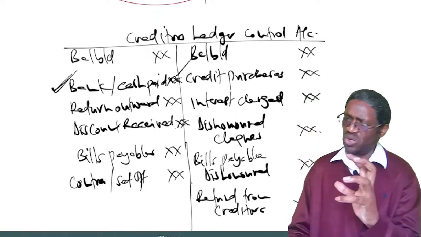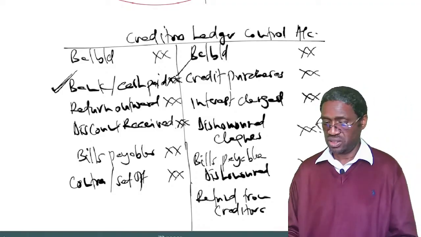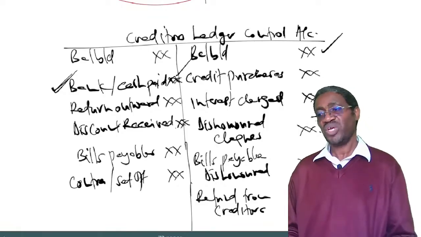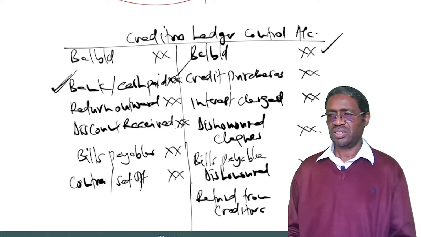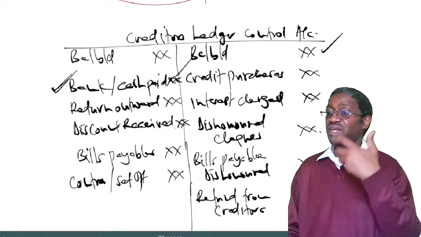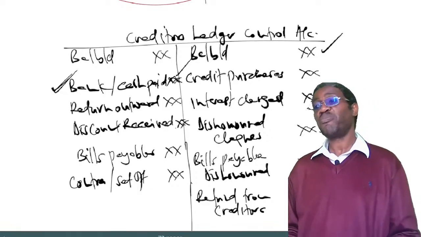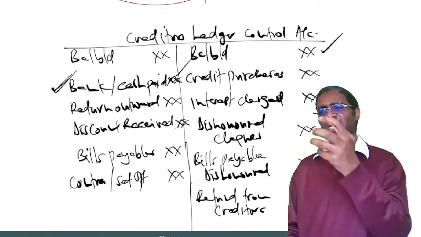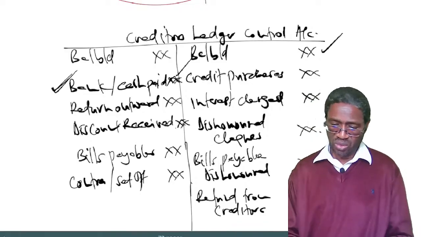The most obvious one is the credit one, because you owe the creditors. But is it possible that you may have a debit balance? Yes, and this occurs when you overpaid your creditors, meaning now you are demanding from them. They are no longer a liability to you, but an asset to you. It's like a debtor. That's why you bring down.